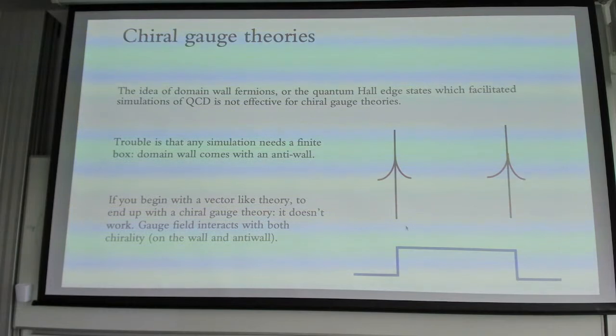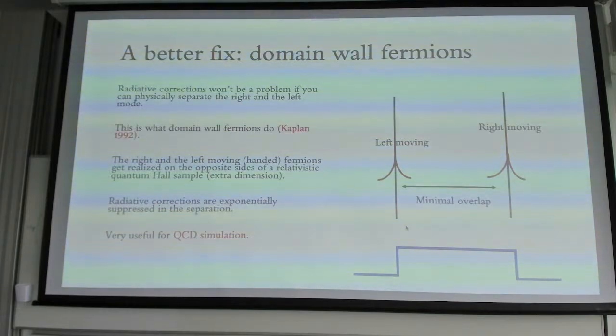But the extra dimension in simulation doesn't have to be large. How large does it have to be? It has to be large enough for this wave function to fall off. So it will depend on what your domain wall height is. Mm-hmm. And isn't that the mass that you put in by hand? Mm-hmm.